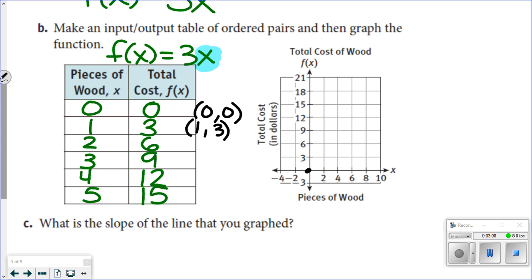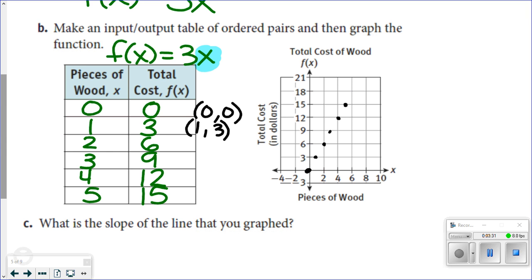The second one is 1, 3, so I'm going to go halfway between 0 and 2, and up to 3. 2, 6, 3, 9, 4, 12, and 5, 15. Okay.